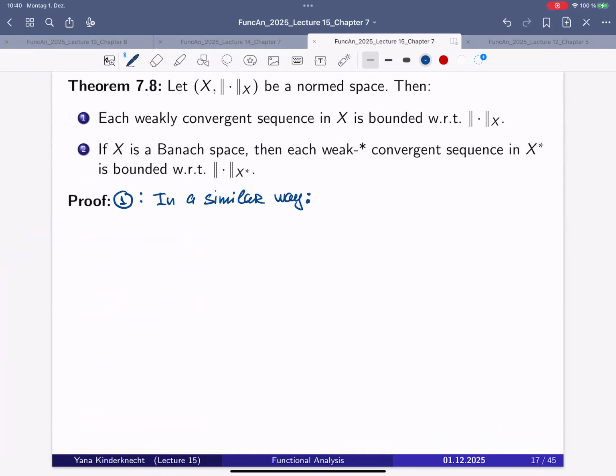So what does it mean that the sequence x_n converges weakly to x in our normed space X? This means that L of x_n converges to L of x for any L in X star.